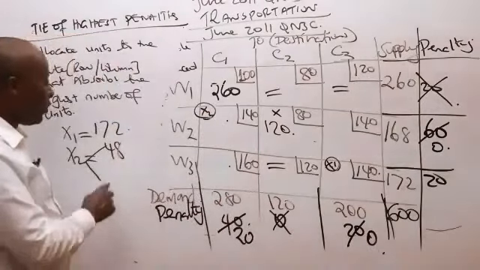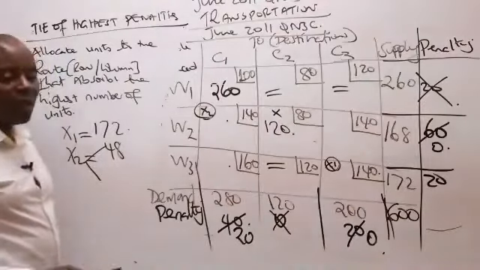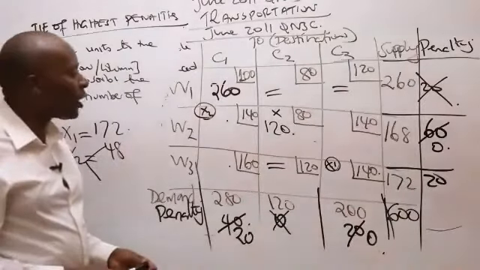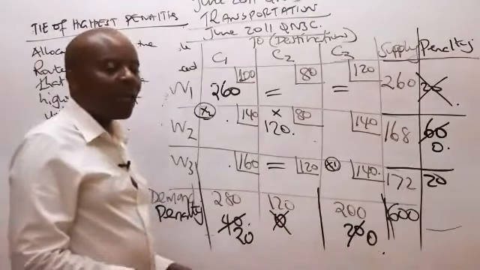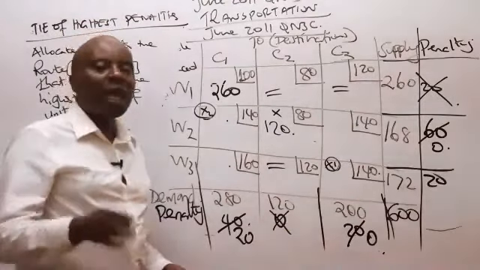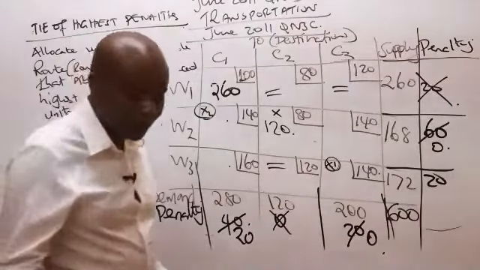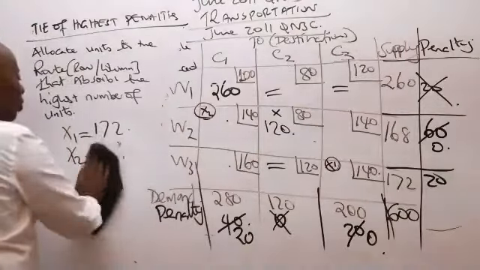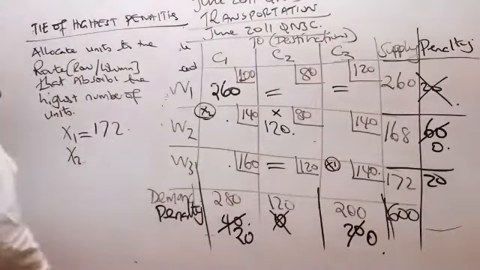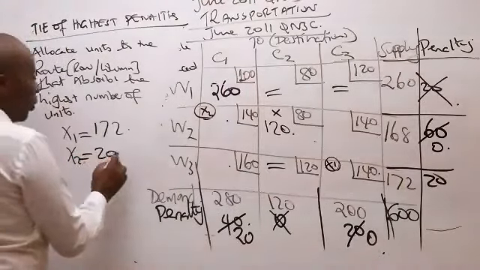That gives me what, somebody there? That gives me 20. And for balancing figure, normally there is no two ways about it: for my big cells, I always work with the smallest. So in this case, X2 can't take 48. X2 at the end of the day will end up taking 20.